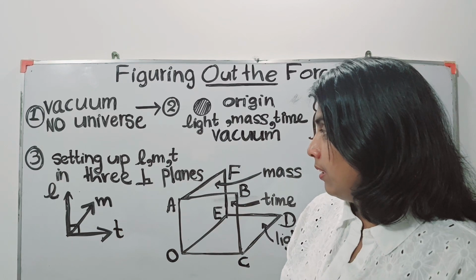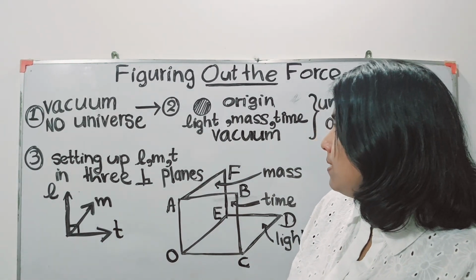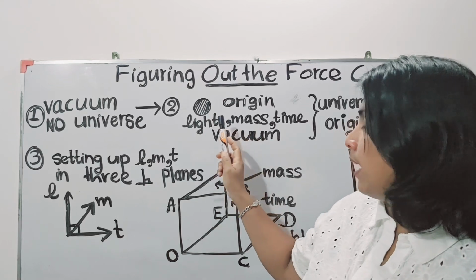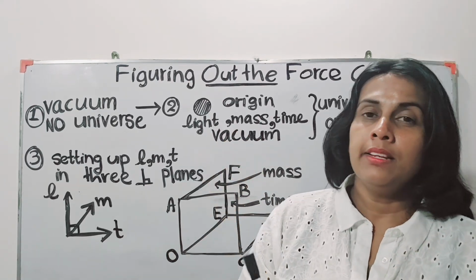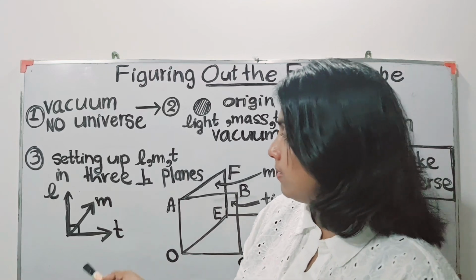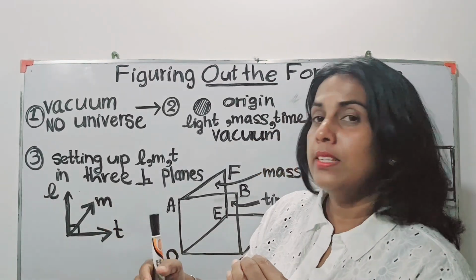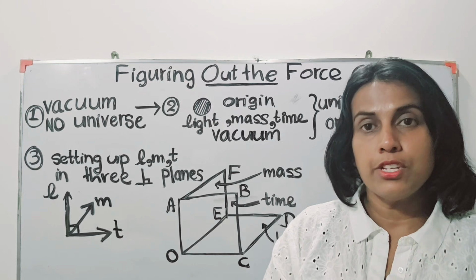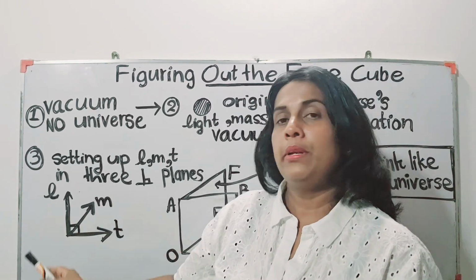And so the universal wisdom has light, mass and time at the origin. Then according to the universal wisdom, the next step, the new methodology, new creation, is this perpendicular arrangement.